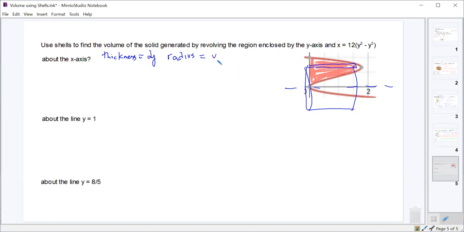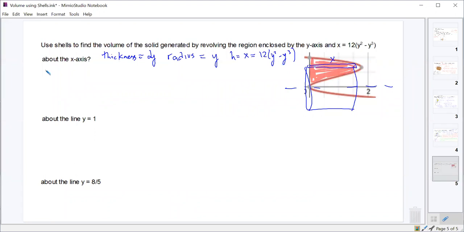Y. Should just be y, good. And so all that's left then is our height. Well, what's our height? Our height is the distance from the y-axis to some value over here to the right, which is just x, isn't it? Yes. Or in this case, 12 times y squared minus y cubed.